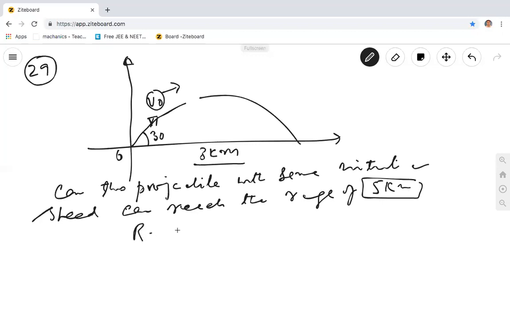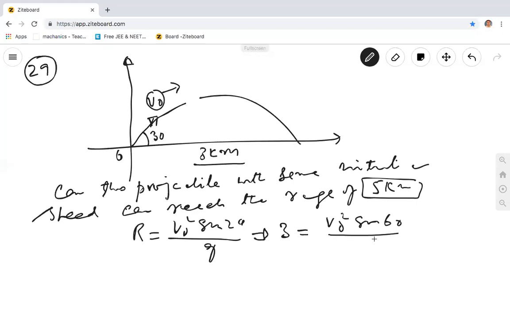Range is equal to v0 square sine 2 theta by g. That is, the range 3 kilometers is equal to v0 square sine 2 theta, that is sine 60, because 2 theta is 2 into 30, 60, by g. What is v0 square? v0 square is 3 into g by sine 60, that is root 3 by 2. It will be 3 into 2g by root 3.